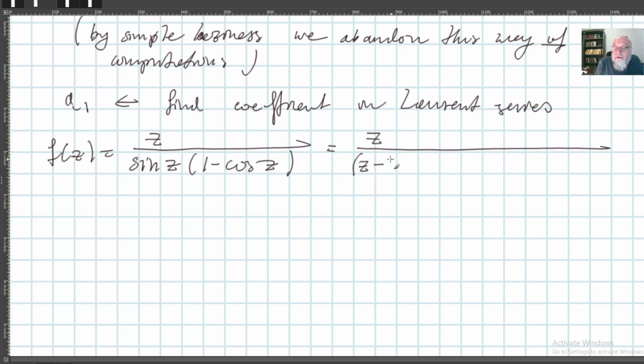So this will be z minus z cubed over 3 factorial plus z to the 5 over 5 factorial minus. And then here, 1 minus 1, so this is 1, and then minus 1, and then plus z squared divided by 2 factorial minus z to the 4 over 4 factorial plus, like that. Very nice. You can continue.